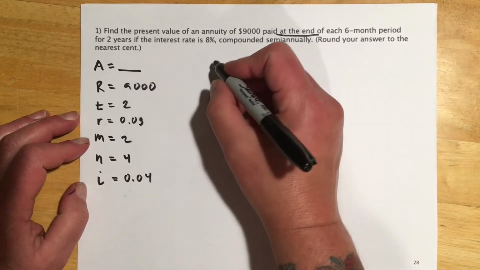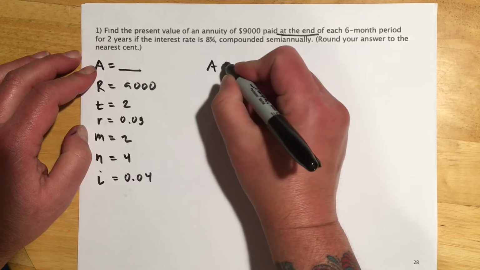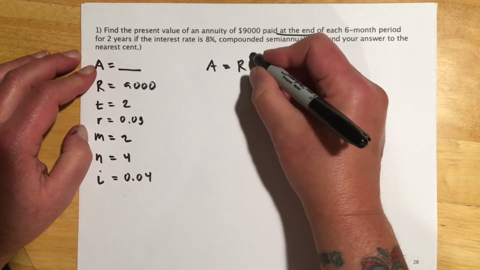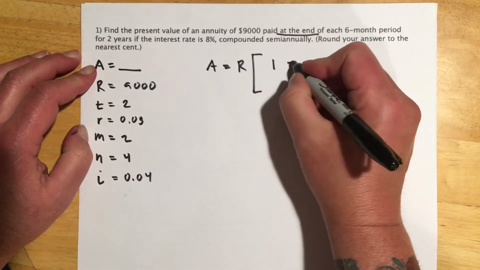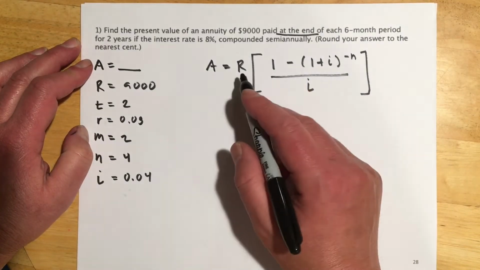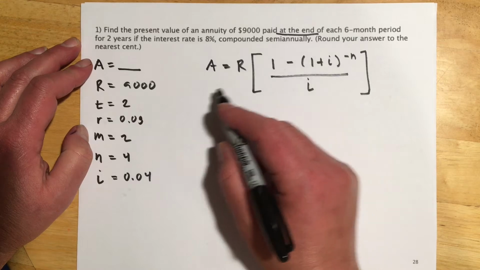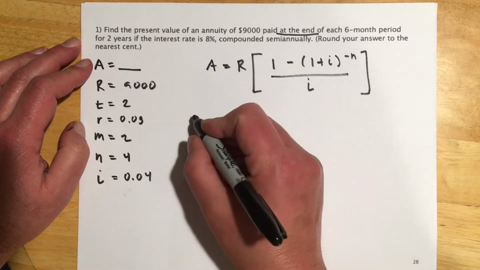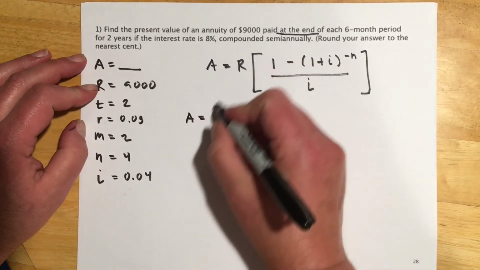And then we're just plugging into the formula, so just like last time, I'll write it out this first example, and then I'll just plug straight in after that. Okay, so here's the formula for present value of an ordinary annuity. And then I'm just going to plug all this in. So we'll have R, the payment again.